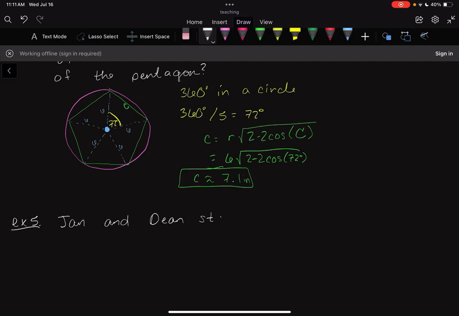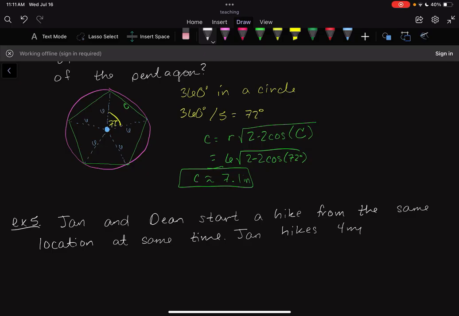start a hike from the same location at the same time. Jan hikes 4 miles per hour, bearing north 12 degrees east.